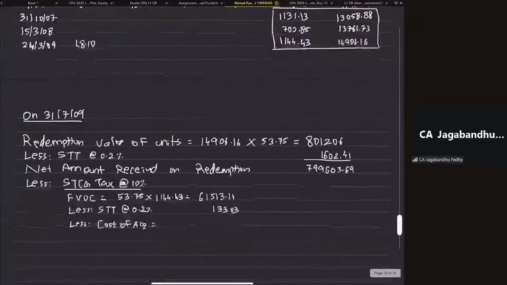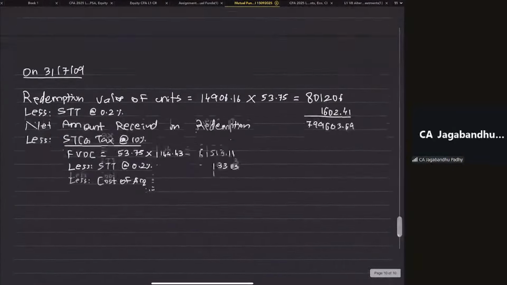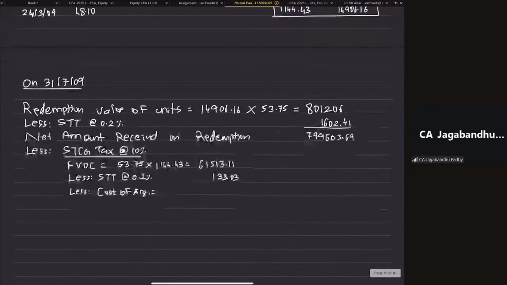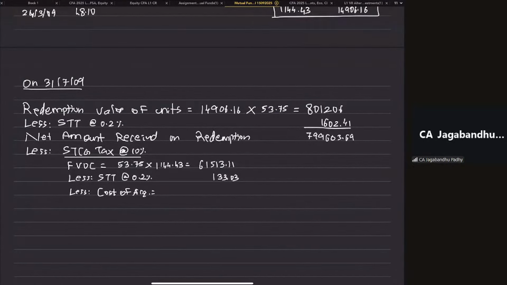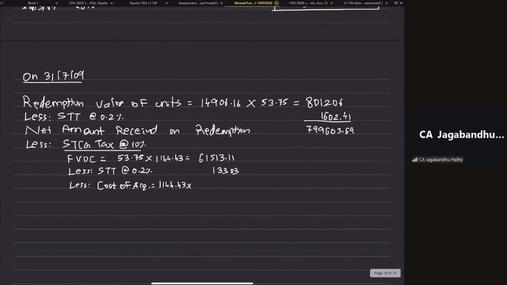So cost of acquisition is 1144.43 into 48.1, which is 55,047.08.